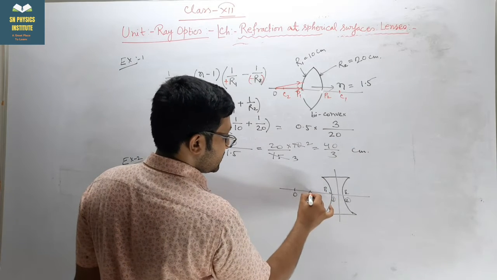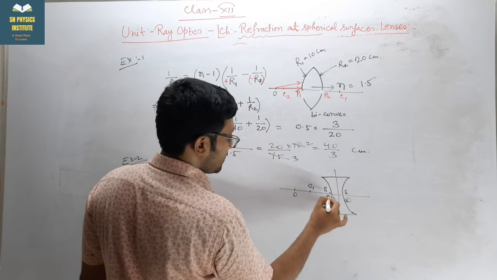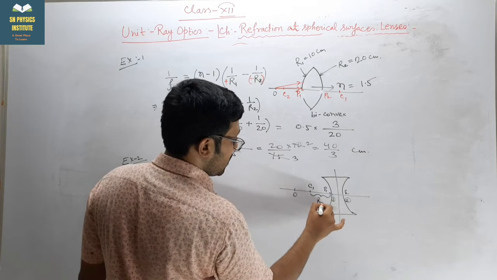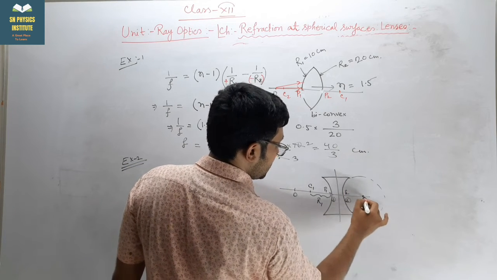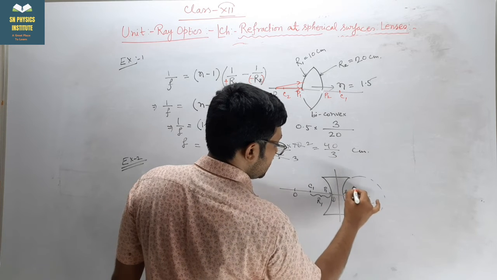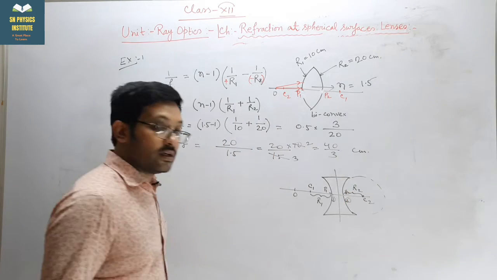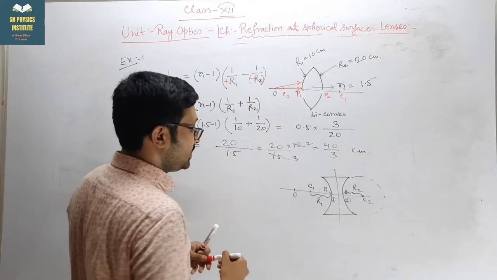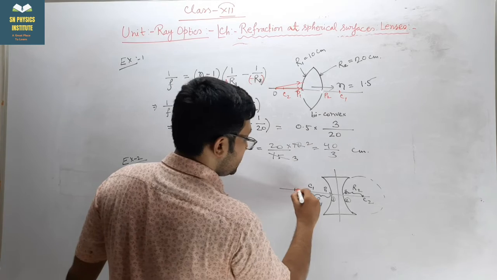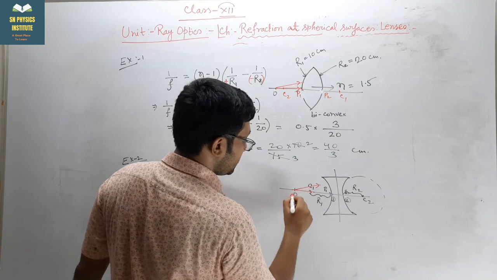For the first surface this is the center of curvature, giving R1, and for the second surface this is the center of curvature, giving R2. The object is placed here, so the incident ray is in this direction.